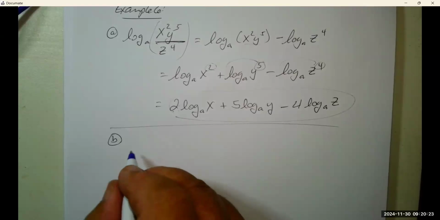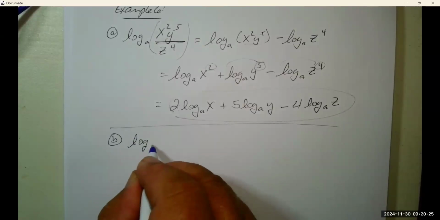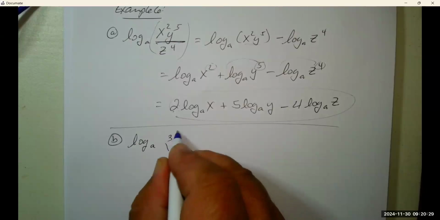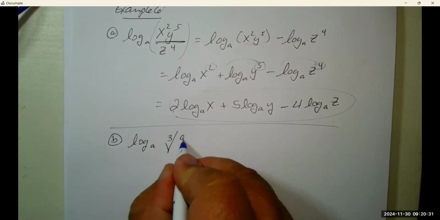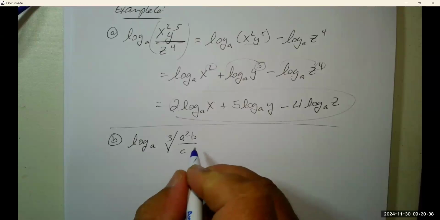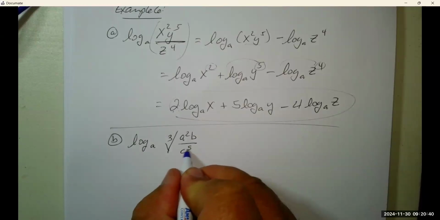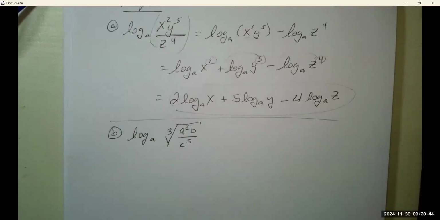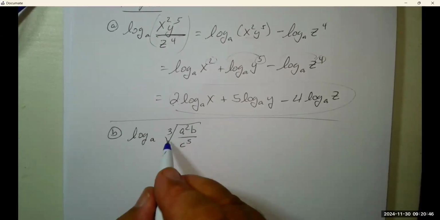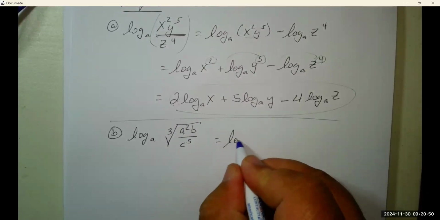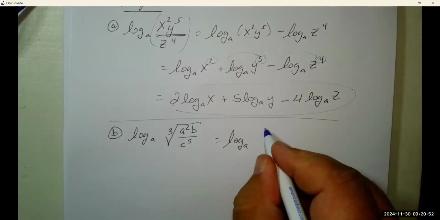So we have log base A of the cube root of A squared B over C to the fifth. First, we're going to get rid of that radical.